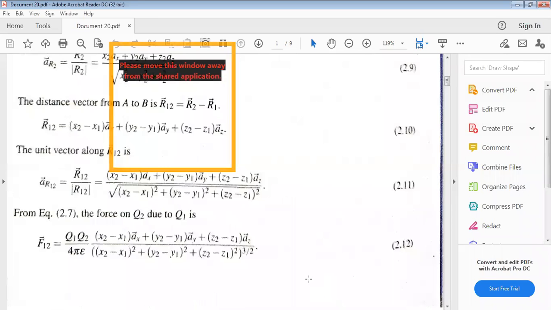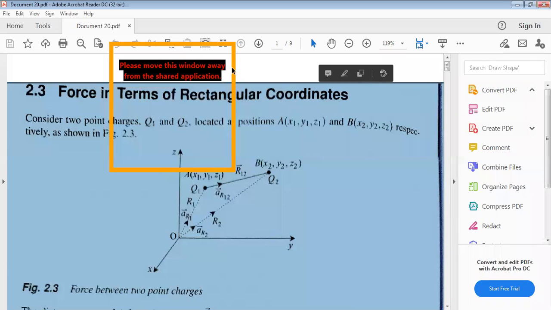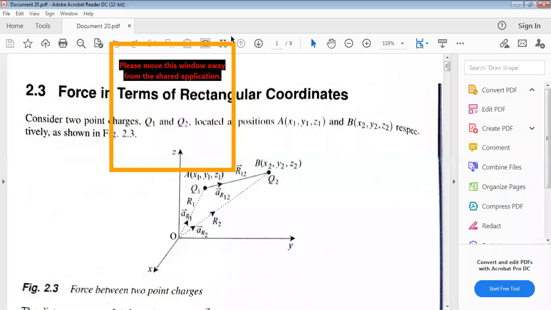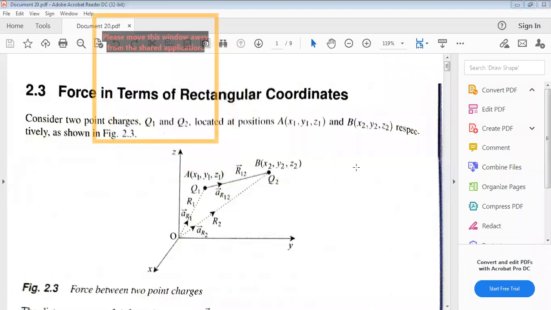See here, force in terms of rectangular coordinates.